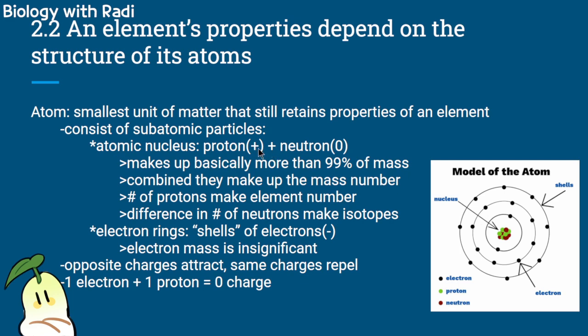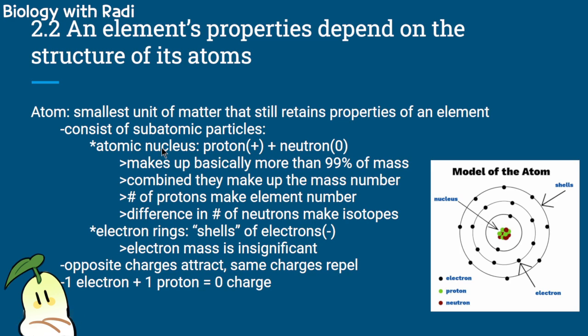We'll get more into charges in a second, but let's talk a little more about the atomic nucleus. The atomic nucleus is made of protons and neutrons, and it makes up more than 99% of the mass, because the electron's mass is insignificant compared to the mass of the protons and the neutrons. Next, the protons and neutrons combined make up the mass number.